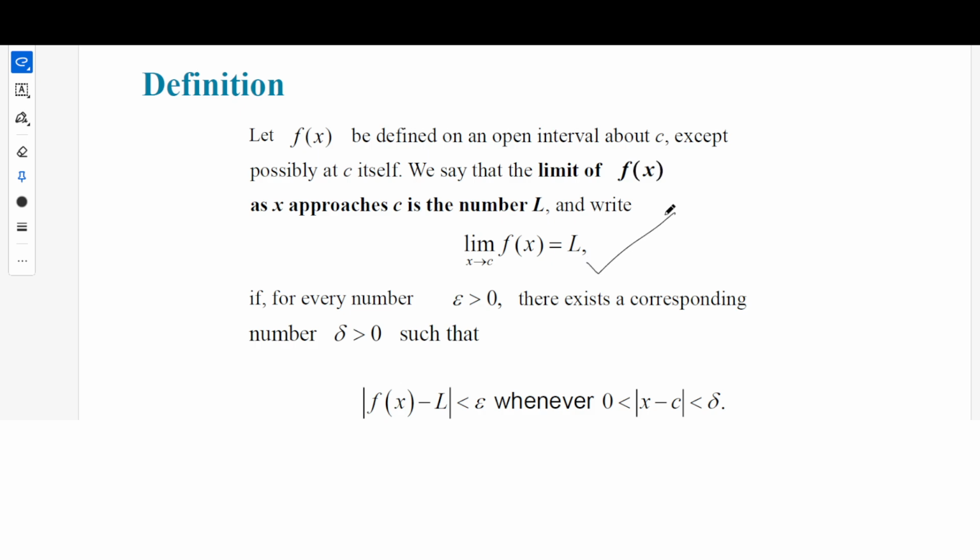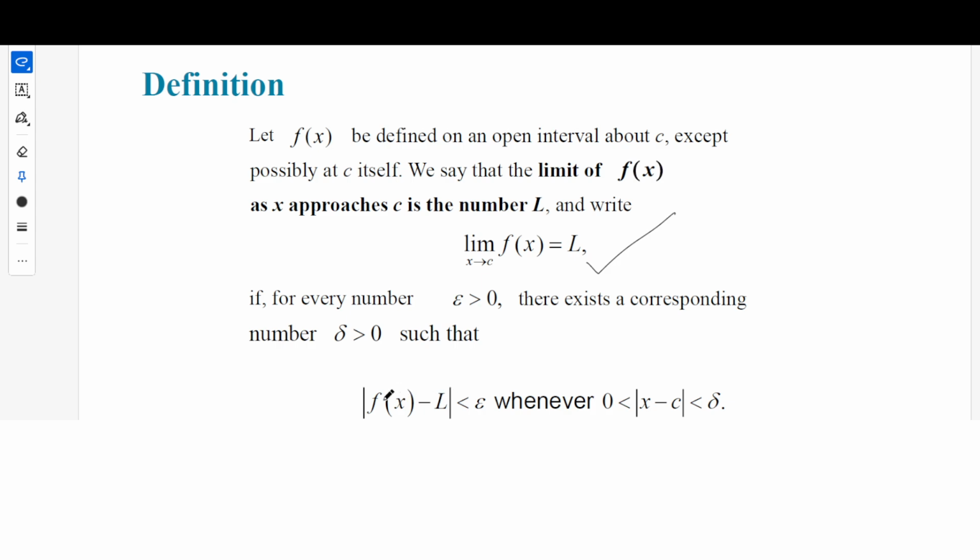What is the meaning of this statement? The meaning is, let's choose two positive numbers, epsilon and delta. Don't be confused, they are just notation for positive numbers. The meaning of this statement is the difference between the value of the function and the limit.